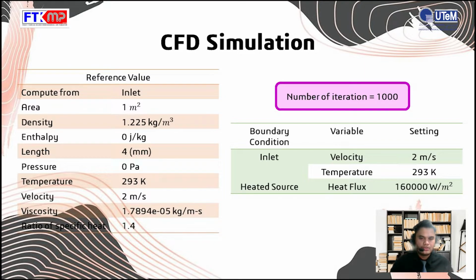The ratio is 1.4. So the boundary condition, we set the inlet velocity 2 meter per second, temperature 293 Kelvin.